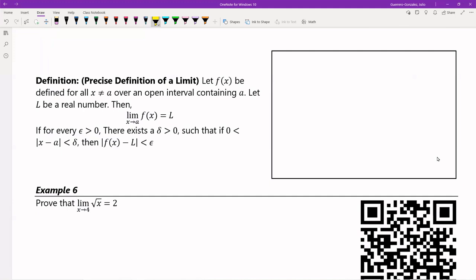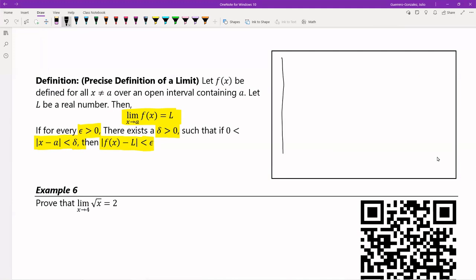Then we say that the limit as x approaches a of f of x is equal to L if for every epsilon greater than 0, there exists a delta greater than 0, such that if my x minus a is less than delta, right, then my f of x minus L is less than epsilon. Okay, here we go. Hopefully this makes sense, okay?